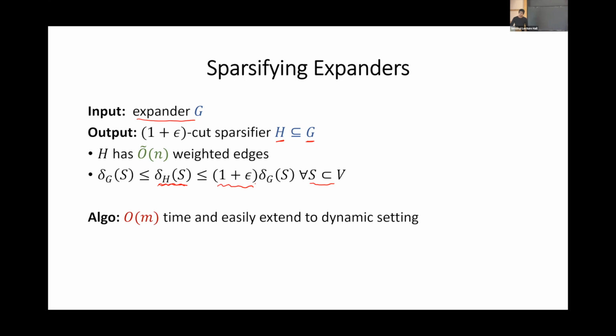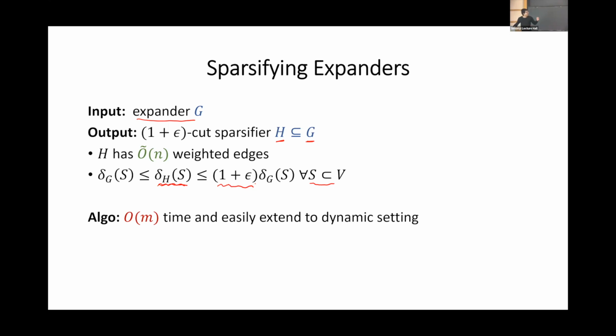This is a well-studied problem, and there are a bunch of algorithms to do this. But now I want to show you that once the graph is an expander, there's a very simple algorithm to compute this. The algorithm really takes linear time and easily extends to the dynamic setting.